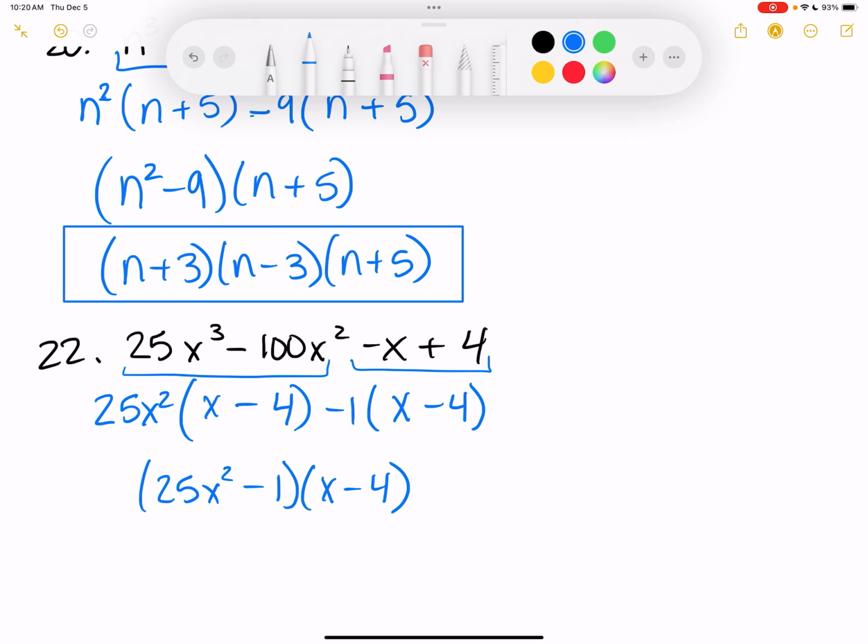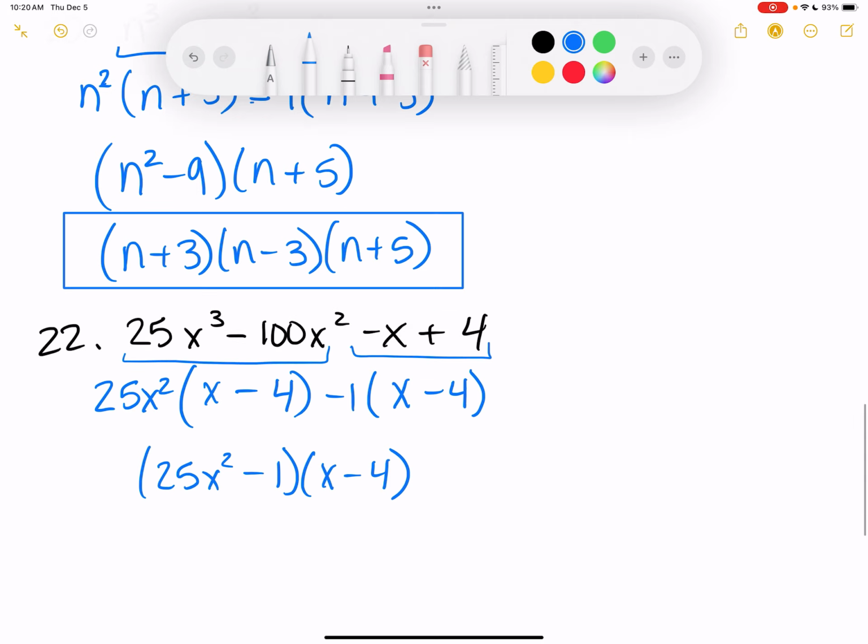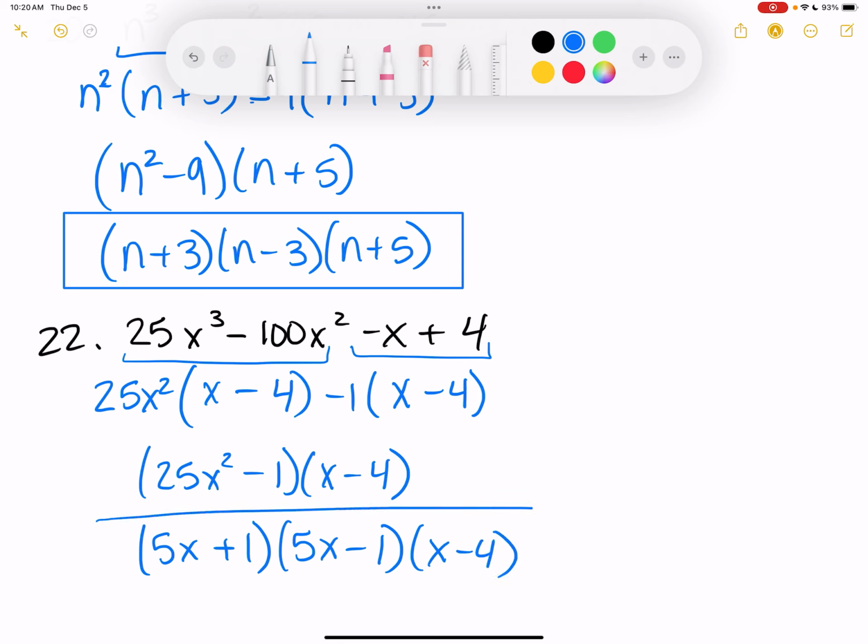So what would this give me? Difference of squares: 5x plus 1, and then 5x minus 1, and then x minus 4. So it's just doing that difference of squares in that last part to get us to our final answer.